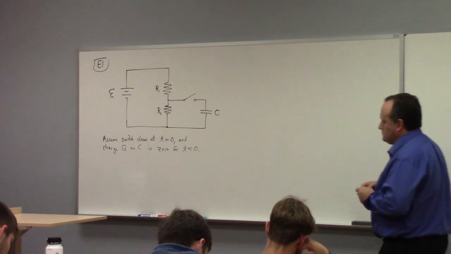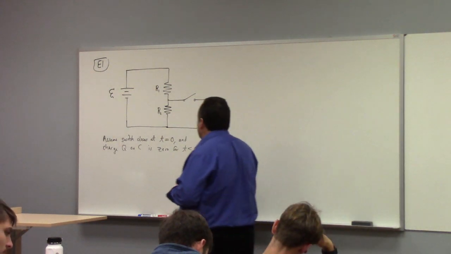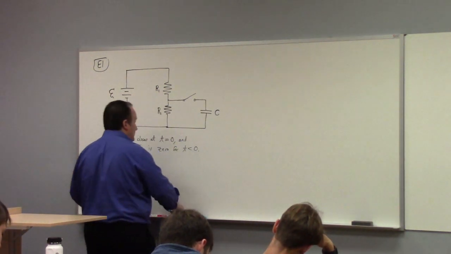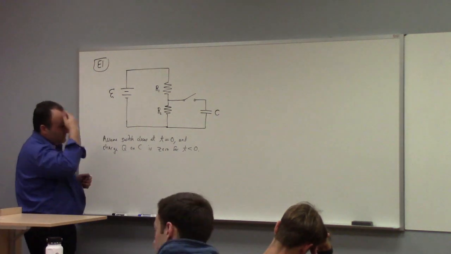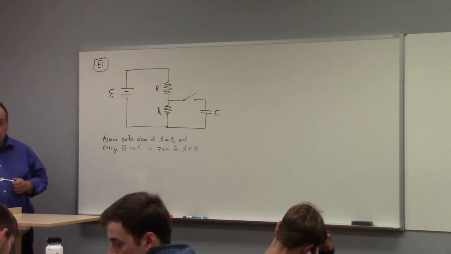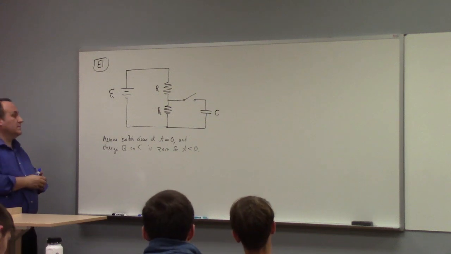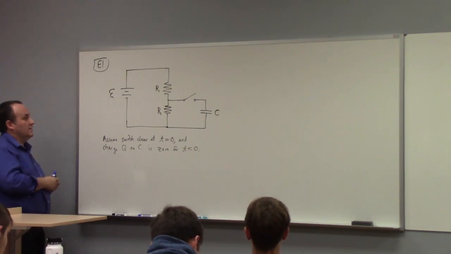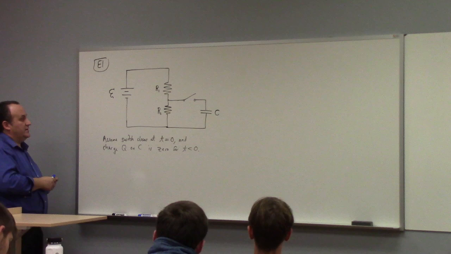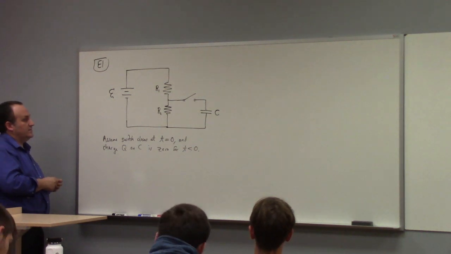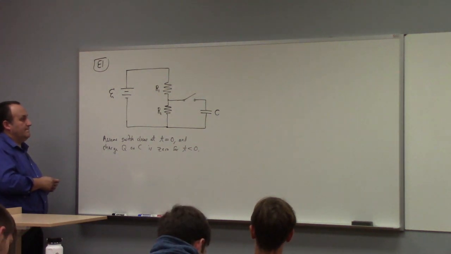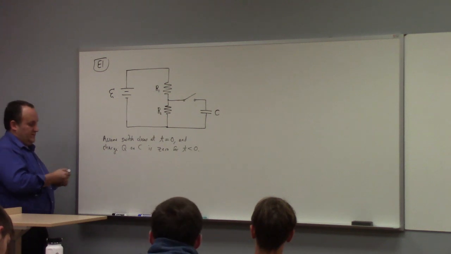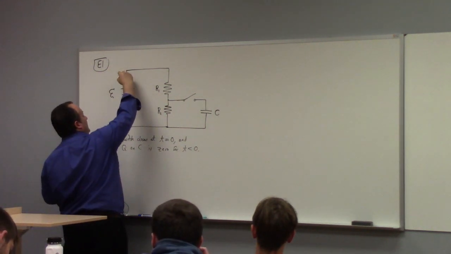Okay, so let's see here. So how should we do this? How should we first figure out the voltage drop at R1? After R1? The voltage drop at R1. Yeah. Let's see here. I think I agree with that.